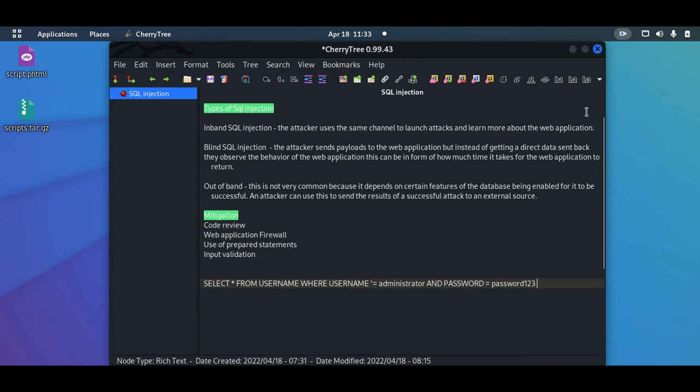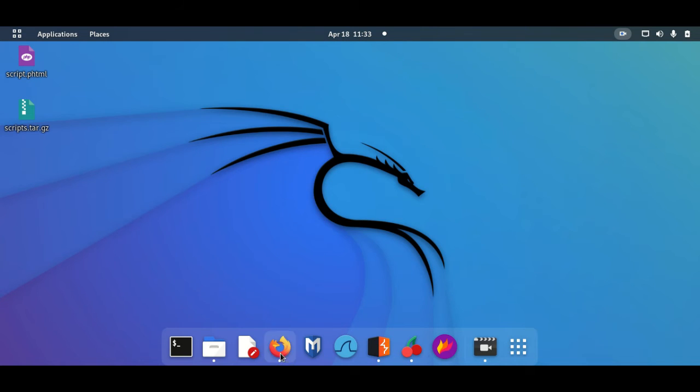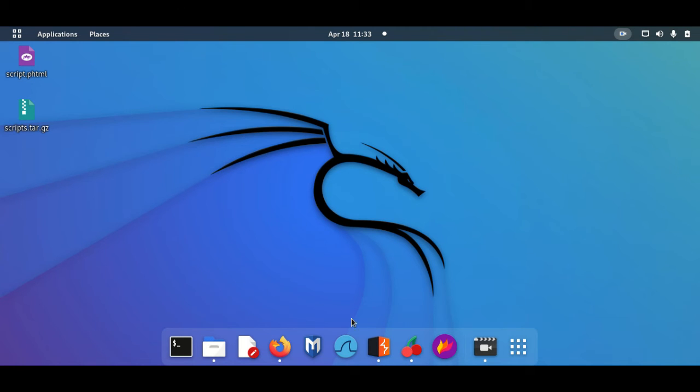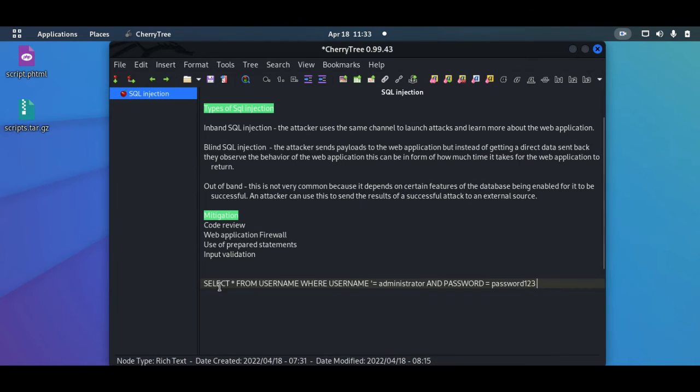But for now, we did supply this apostrophe over here, and what that means is that in this SQL statement that is going to be executed in the backend, we are going to be breaking out of it over here, right? So it's going to read select star from username, where username, break out of that.